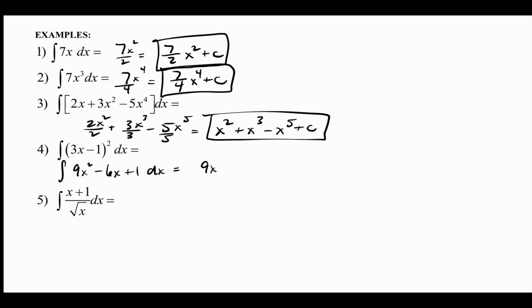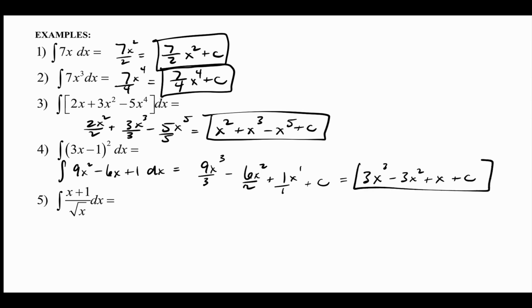So the 9x cubed divided by 3 minus 6x squared divided by 2 plus 1x to the first divided by 1. You don't have to write that, but you can if you want. Plus c. So we're going to get 3x cubed minus 3x squared plus x plus c.